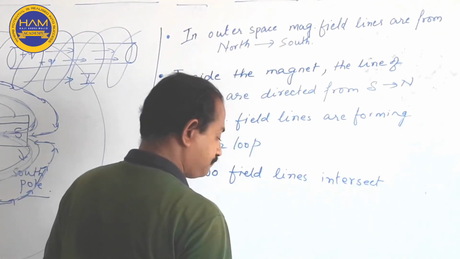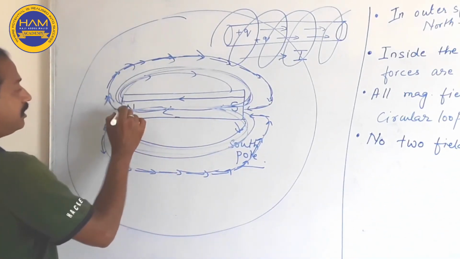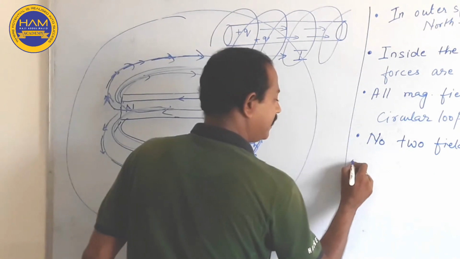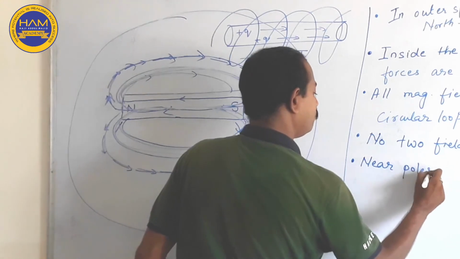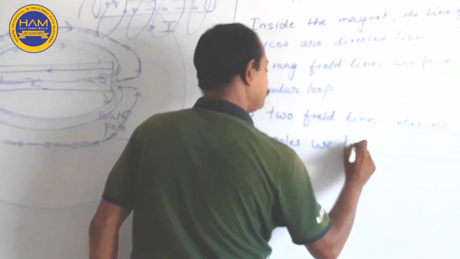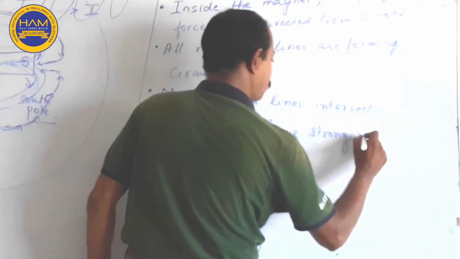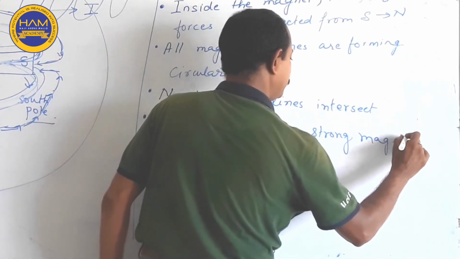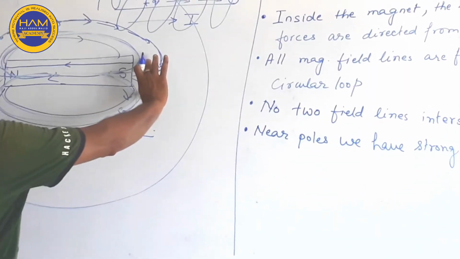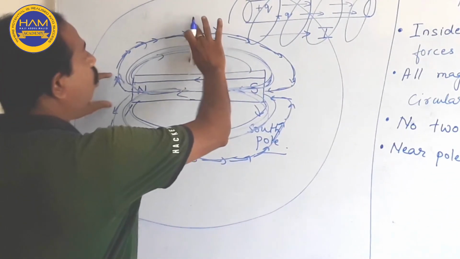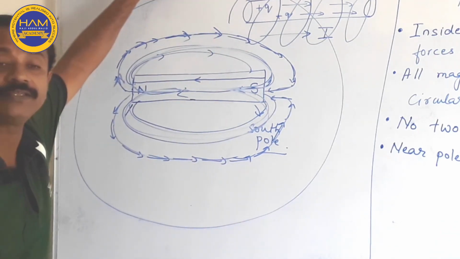Okay, then outside the magnet we see that near the poles we have a strong magnetic field. Near the poles we are having a very strong magnetic field, that is over here at this part, and as we go further away the magnetic field strength decreases.